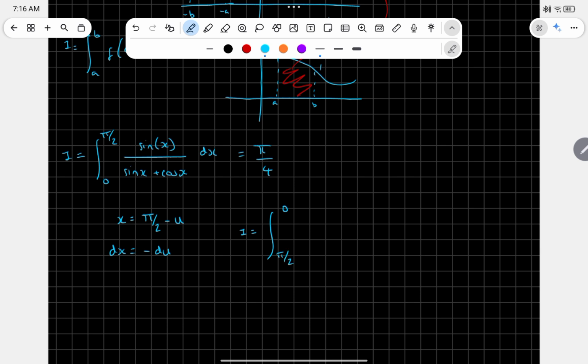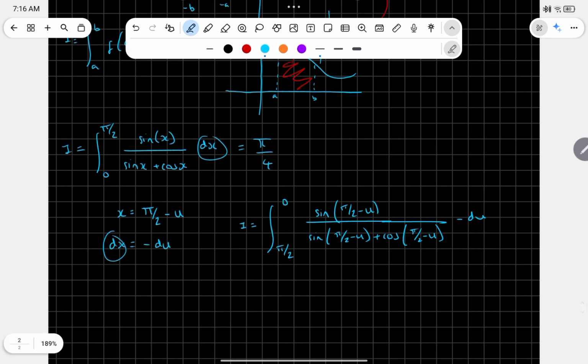And then, substituting this for x, we have sine of pi over 2 minus u over sine of pi over 2 minus u plus cos of pi over 2 minus u, and we have minus du, because I've just replaced the dx here.